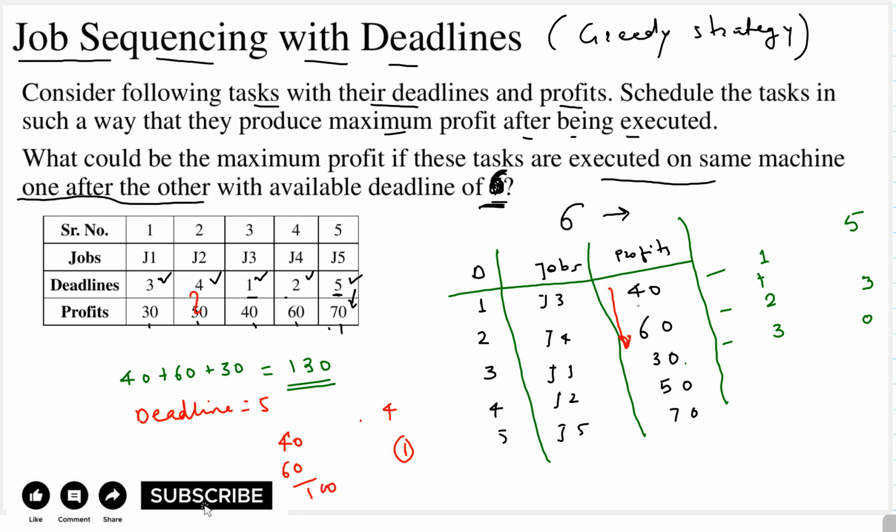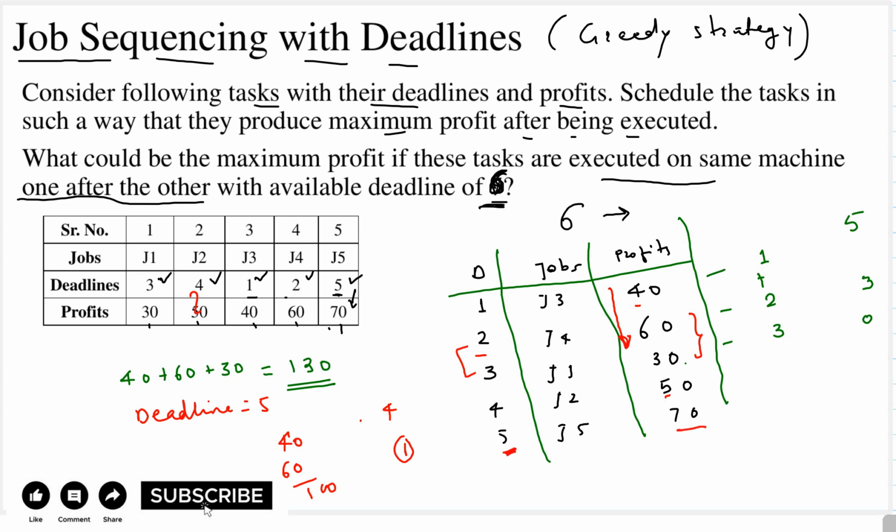If I complete job 1 and job 4, I'll get a profit of 90. Now if I take jobs 2 and 3, since we have a deadline of 5, I could complete these two jobs, that is 2 plus 3 which is 5, but we would still get a profit of 90. Then if I take just the one job with deadline 5, I will get a profit of 70.